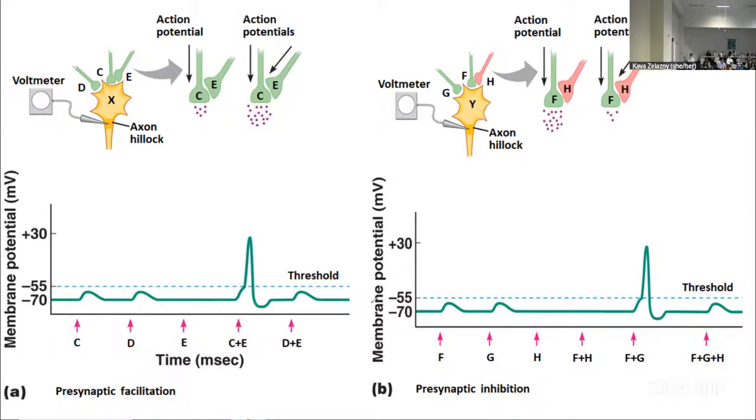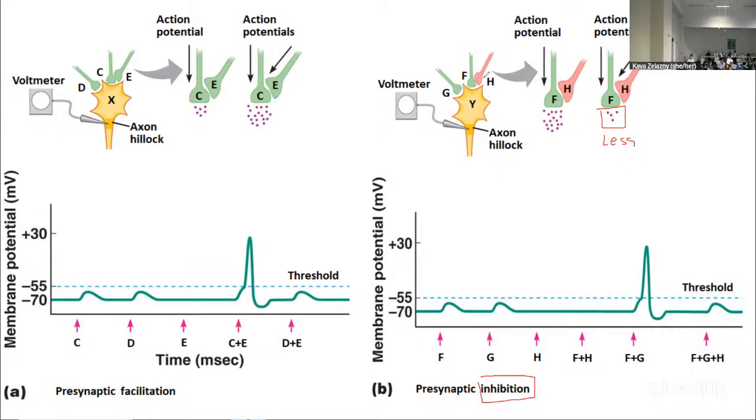In our presynaptic inhibition, what we want to know is that it gets harder to fire, or it gets harder to release your neurotransmitter. Right, so what we're going to keep in on here, that when F and H fire at the same time, this is giving us less neurotransmitter. Right, so that's what we want to notice here.